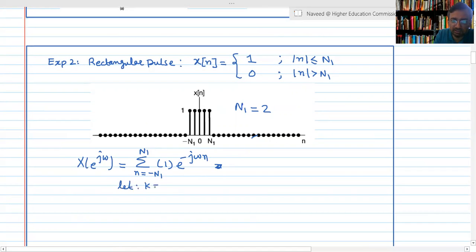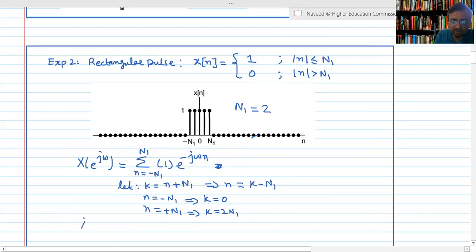For that, we will do a change of variable. Let k equal n plus N1, so that when n is equal to minus N1, k is 0, and when n is equal to plus N1, then k is equal to 2 times N1. And from here we have n equal to k minus N1.